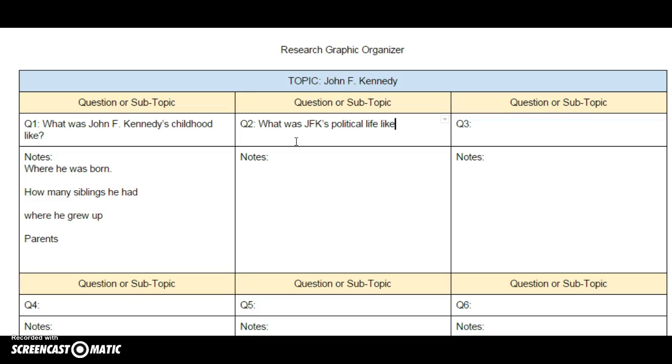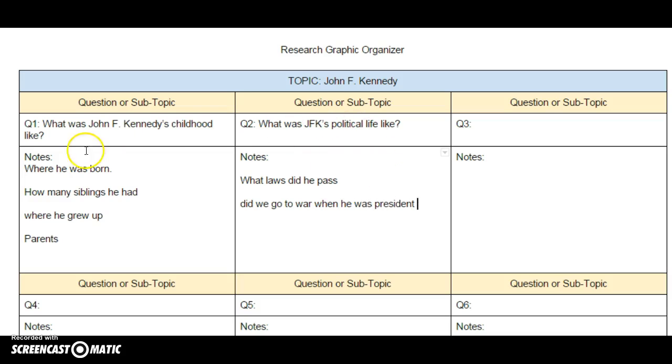Now, be careful researching JFK and his political lifestyle. You're probably not going to get a whole lot of good stuff, but, well, personal lifestyle, but as a president, you can find some good stuff, I'm sure. And then you can say, what laws did he pass? Did we go to war when he was president?